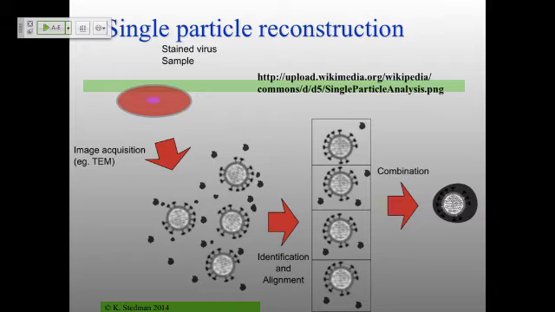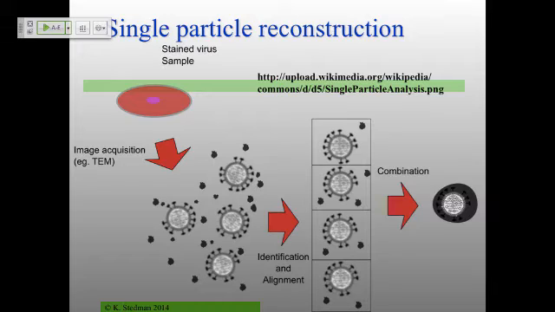The key is to find all of these virions, get rid of all the crud, and anyone who's done electron microscopy knows there's always a lot of crud in your preparation. Then line all of these particles up in the same orientation, and from multiple single particles, reconstruct the particle you started with.